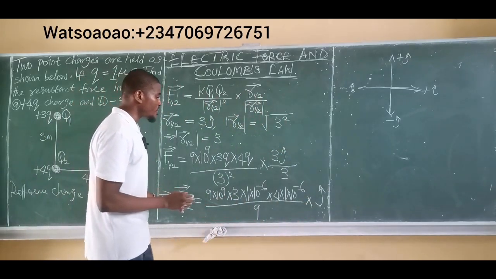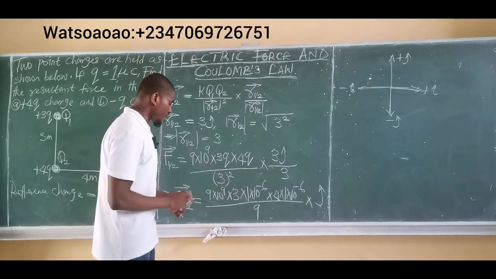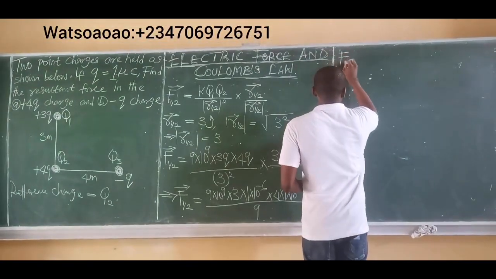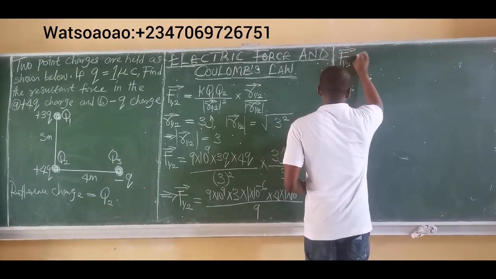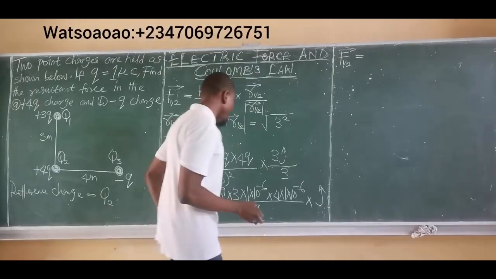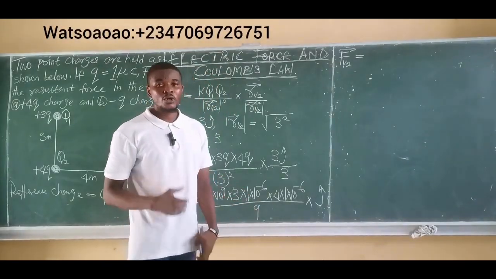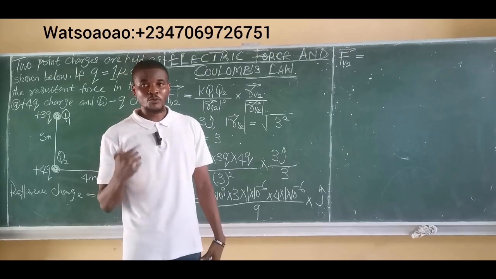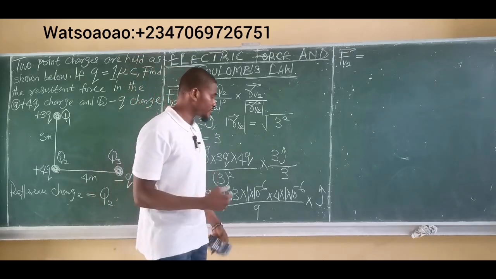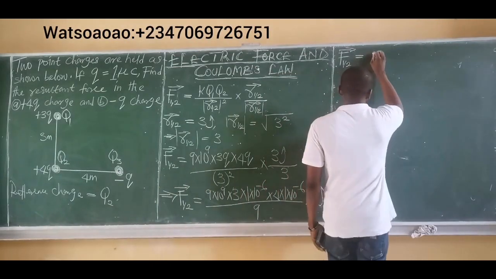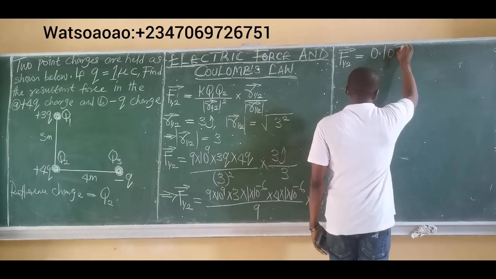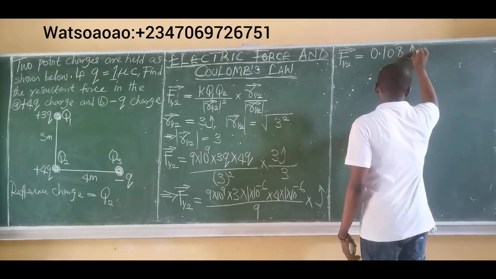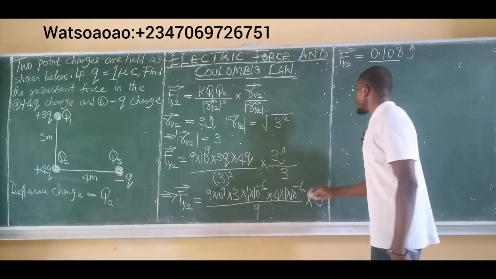So let's evaluate everything at the numerator and see what we are going to obtain. I'm going to be pointing at everything at the numerator, so do well to point along with me. In case there's any calculation error, you can also do well to point it out in the comment section. Thank you. So everything at the numerator gives me 0.108, not forgetting we have j there, divided by the denominator, 9.